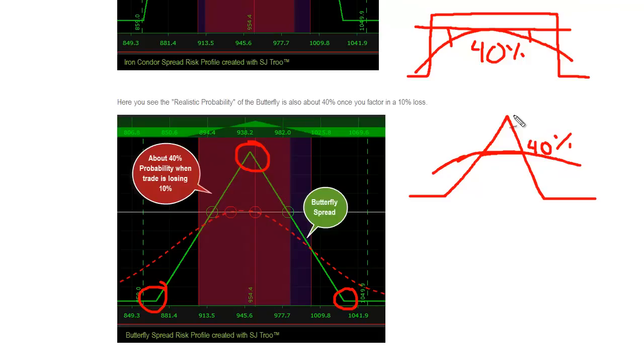We do have tools in our software, SJ True, that can help you enter and exit trades to identify some opportunities with your volatility skews and things like that. But overall, this one is not necessarily positive Vega like you may think, like this calendar trade here.